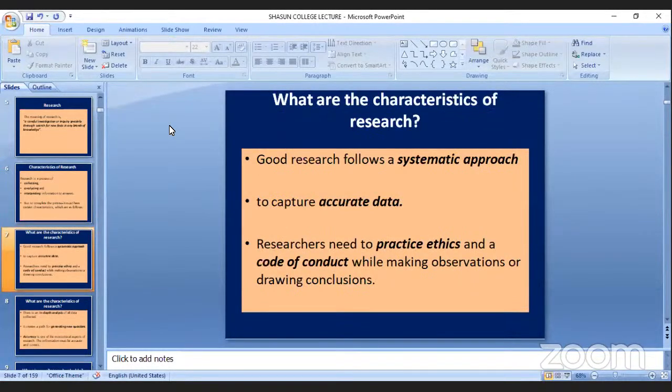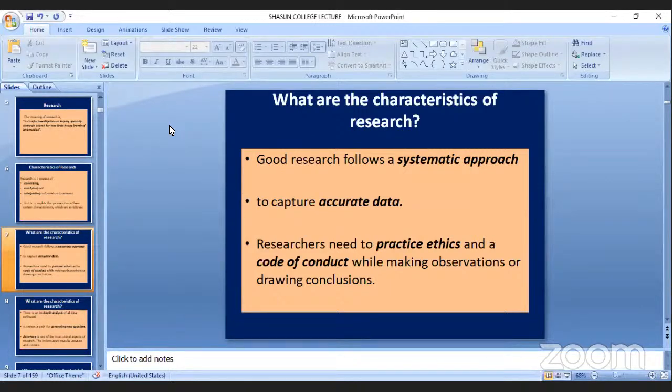So when you want to do good research, first of all, a systematic approach should be followed. That is the first important one in your research.